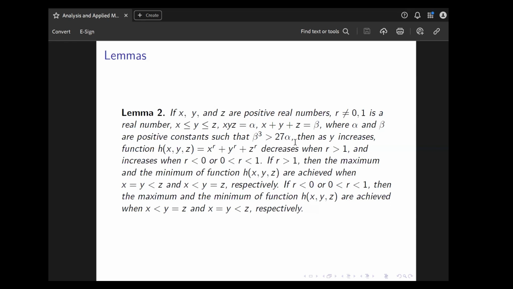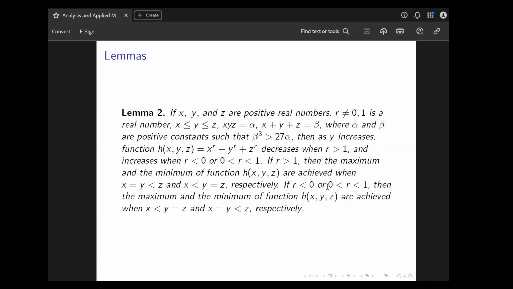Then as y increases, this sum of r powers decreases when r is greater than 1 and increases when r is less than 0 or r is between 0 and 1. So if r is greater than 1, then the maximum and minimum of the function h(x,y,z) are achieved when x is equal to y less than z and x is less than y equals z, respectively.